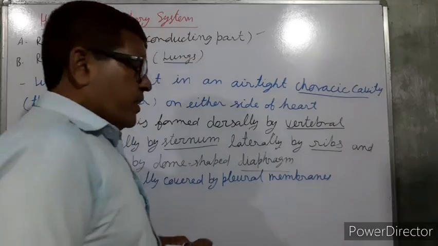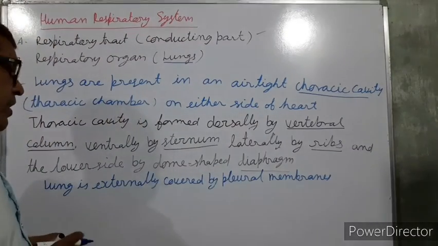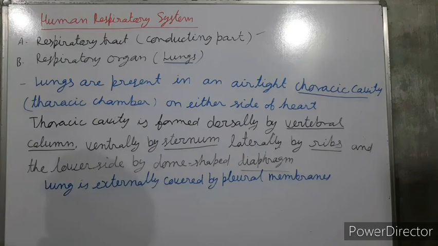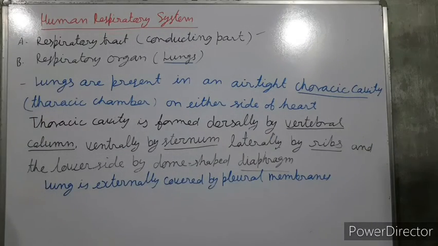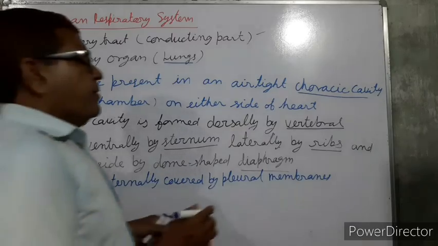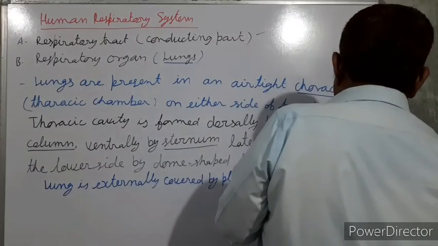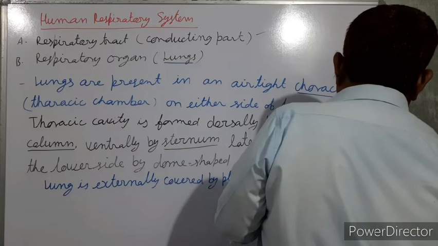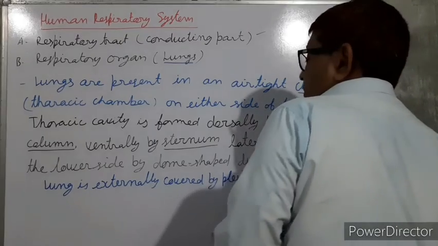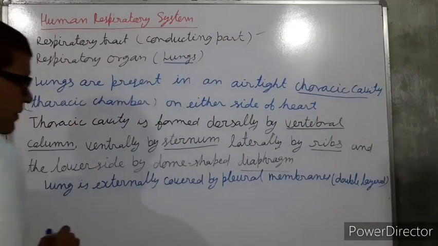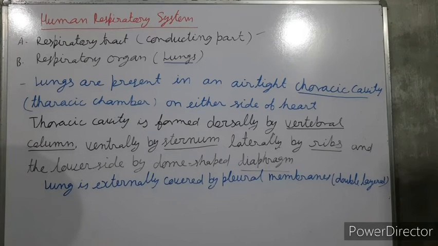Two membranes are there, one is the external membrane and the other is the internal membrane. So the lung is externally covered by a pleural membrane. It is double layered.